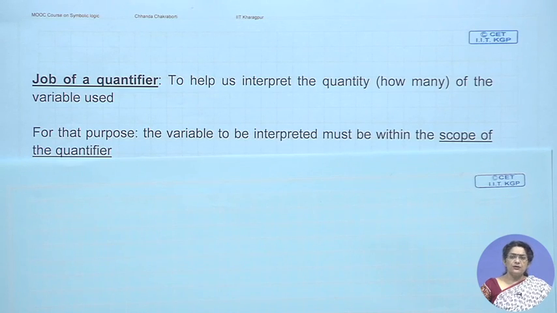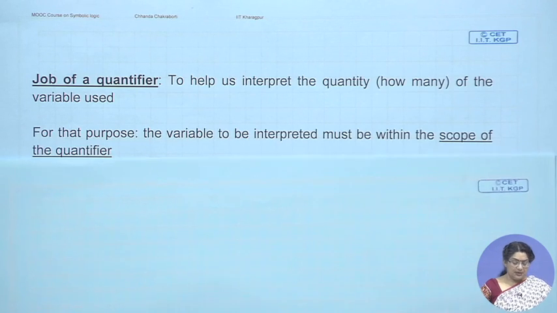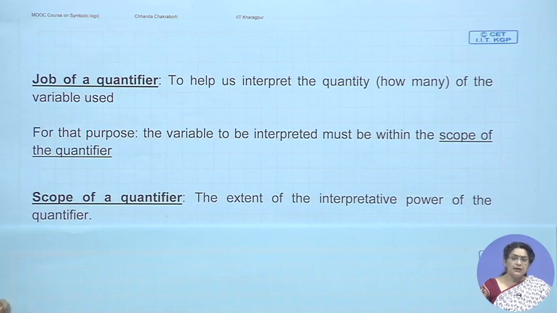The interpretation of the variable in terms of quantity can happen only if it lies within the scope of the quantifier. But what does scope mean here? What does it mean to say the quantifier scope is this? Well, scope here means the extent of the interpretive power of the quantifier. How far can the quantifier interpret?